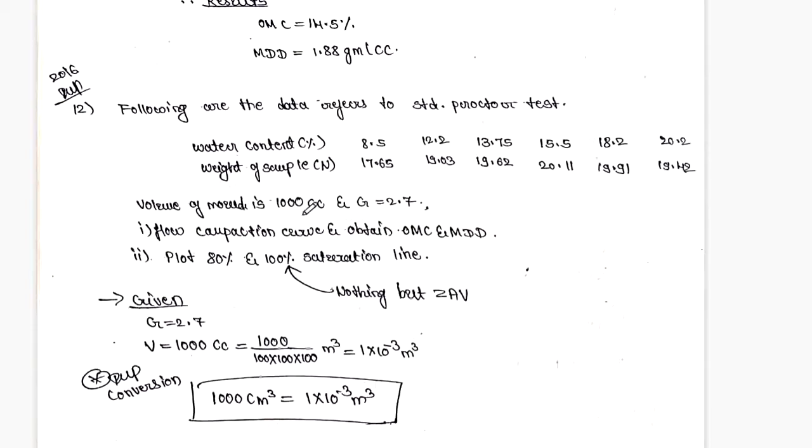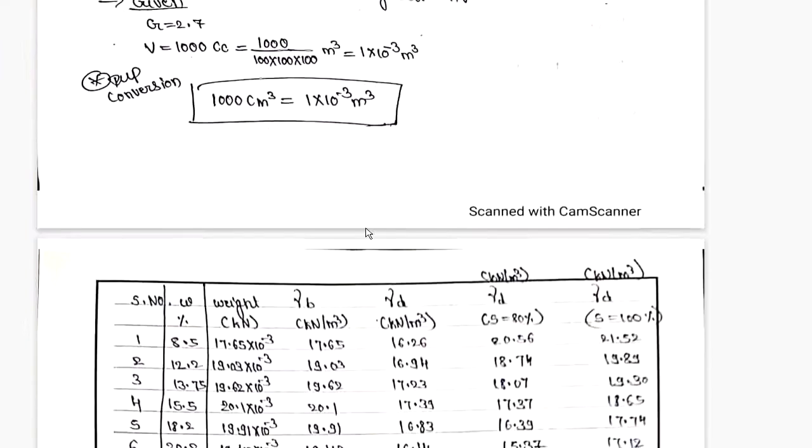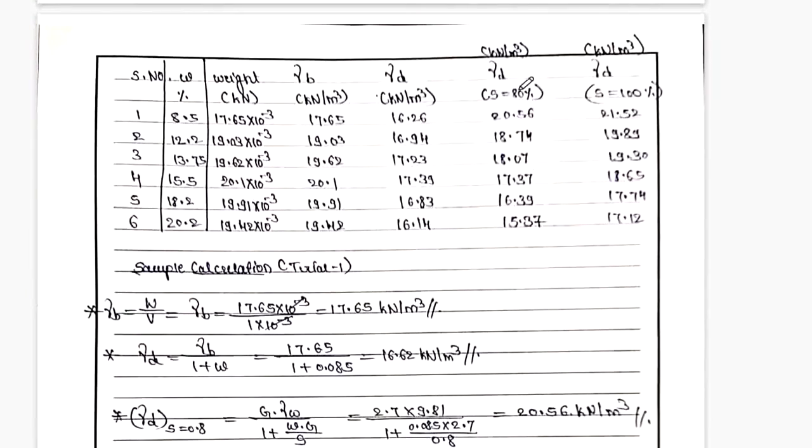Similarly, in the next problem they have asked to plot the 80% saturation line and the 100% saturation line. The 100% saturation line is nothing but the zero air voids line. For the 80% saturation line, we consider S equal to 0.8, which will be the additional row.